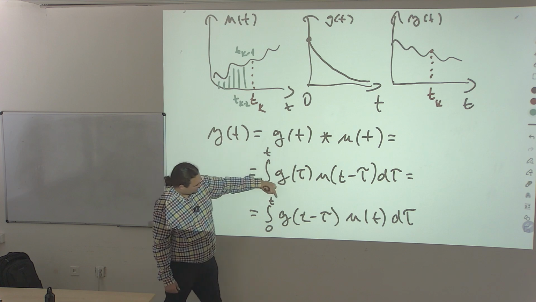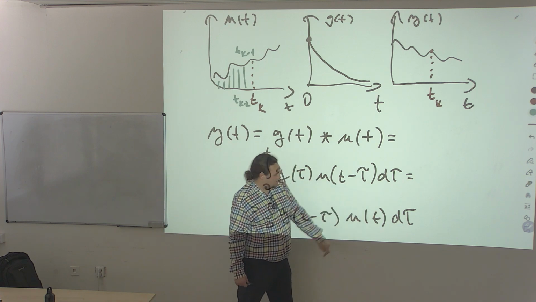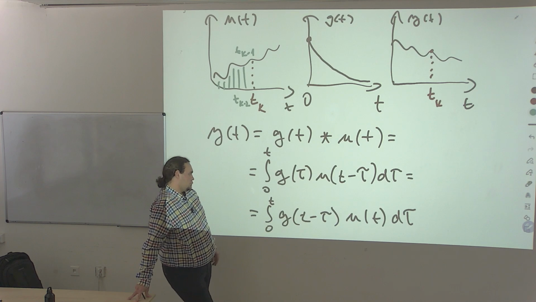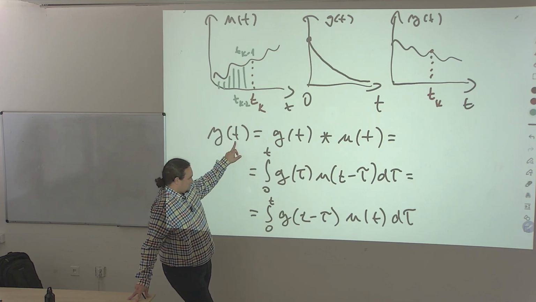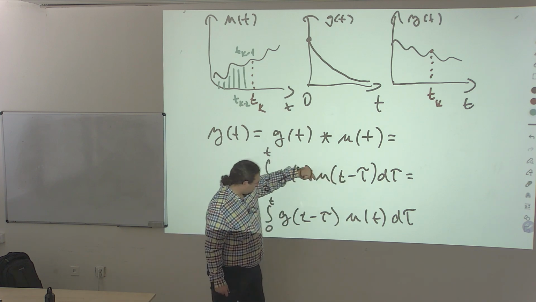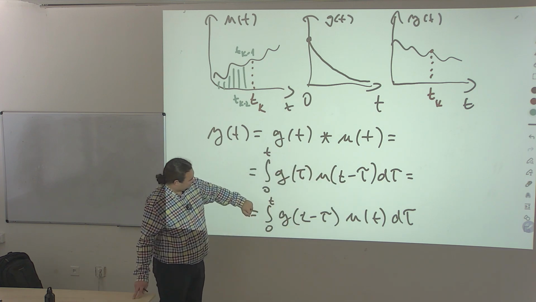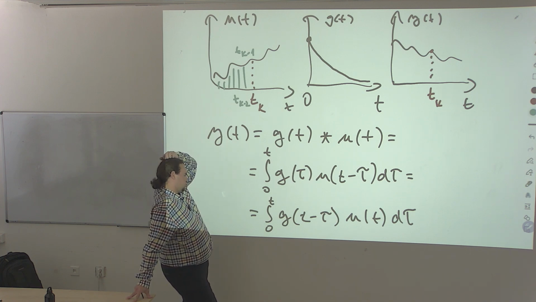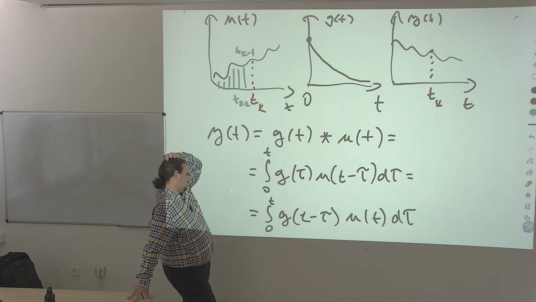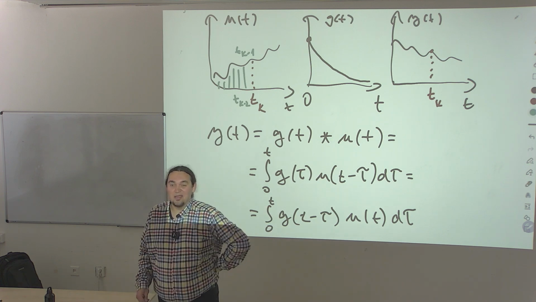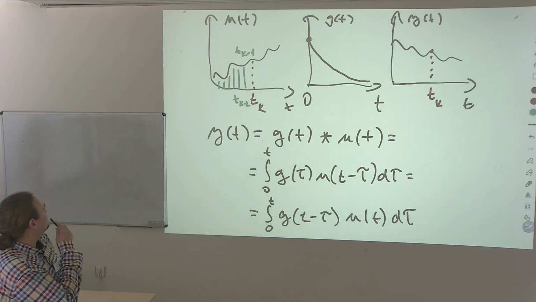So the t goes in here and in here. And it now calculates what is the influence of the current input for the output. No, I got lost there. I have to start it somehow again.